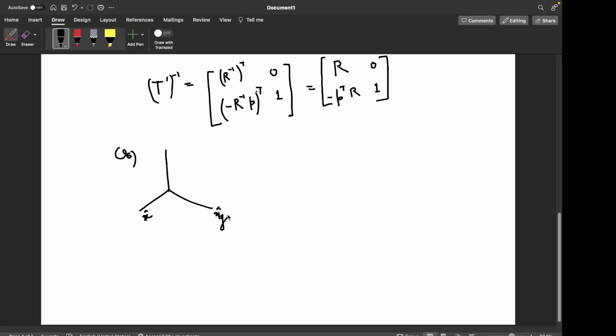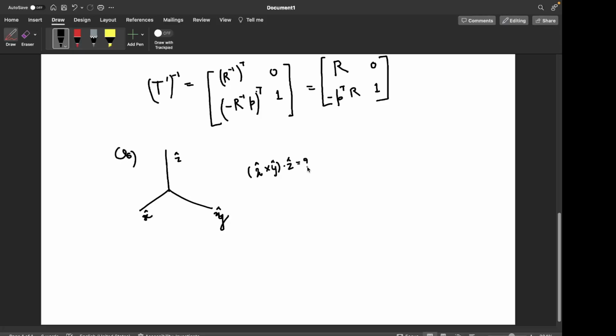This is y, and then this will be z. What is being asked here is x cross y dot z.